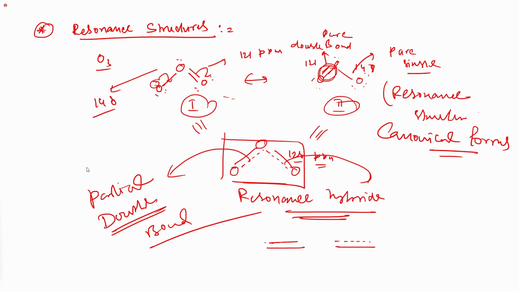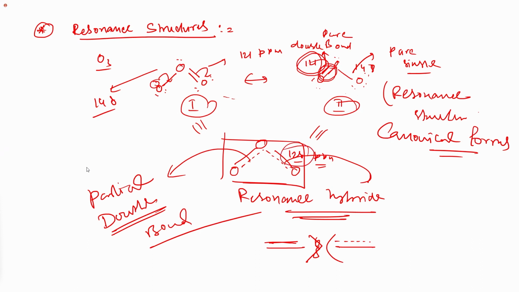When a bond has full double bond character, the bond length will be less than that of the partial double bond. That's why this bond length is 121, and for the partial case the bond length is 128.